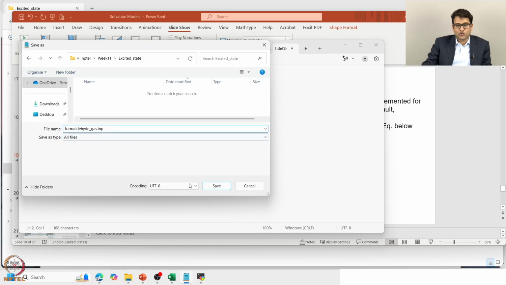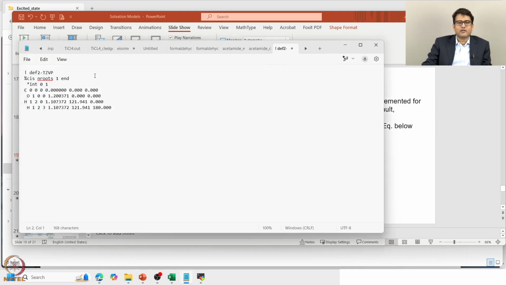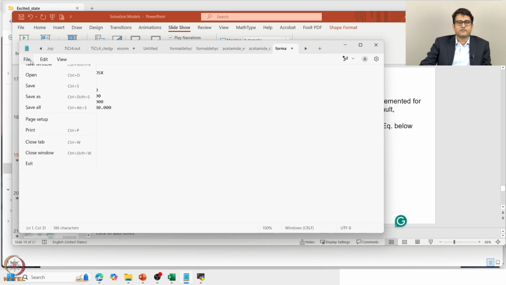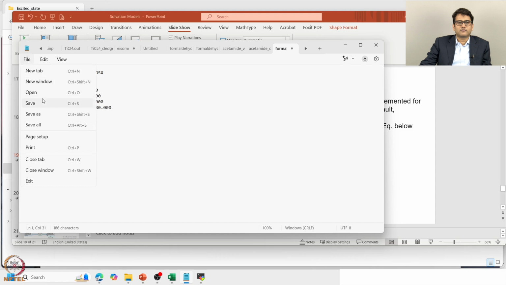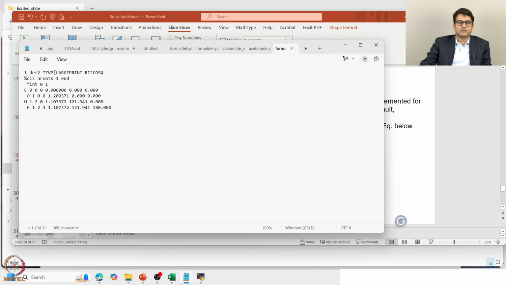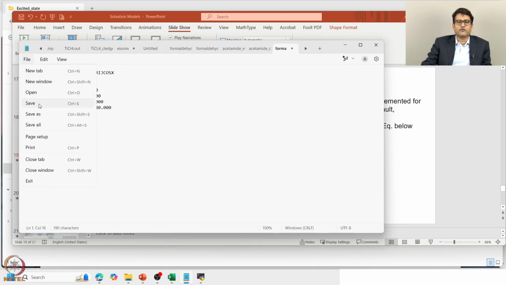Maybe it would be interesting to see the molecular orbitals. So, let me write large print, and I want to be fast, so I am writing RIJCOSX. Okay, I should have written RHF also, but if I have not given anything, then it will automatically do an RHF only.